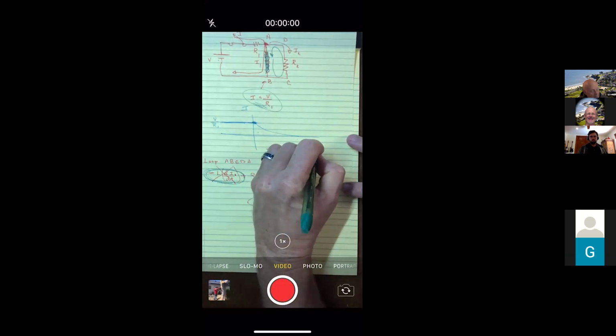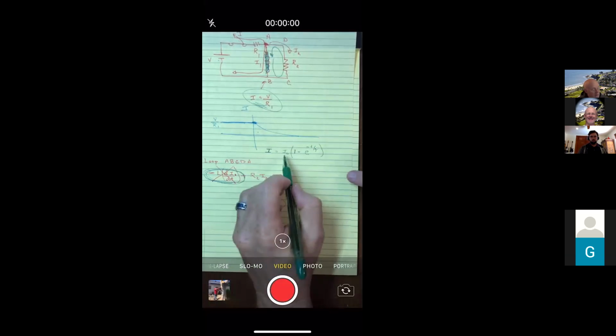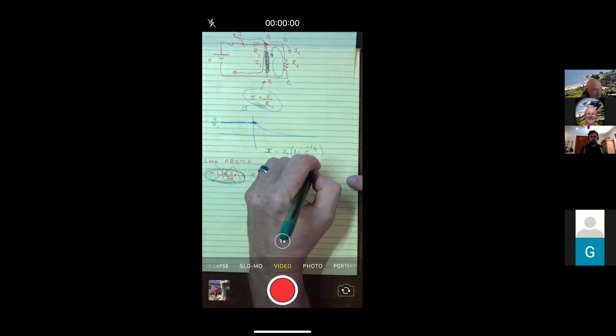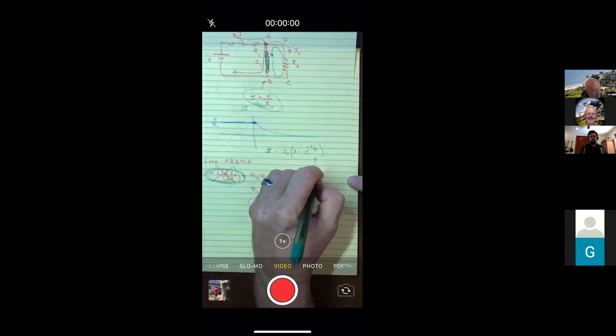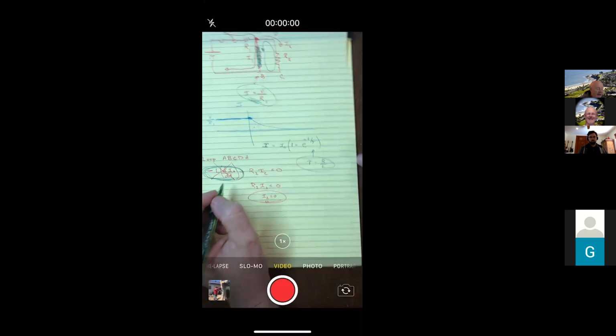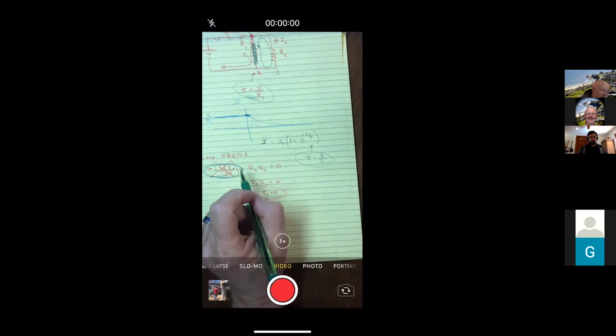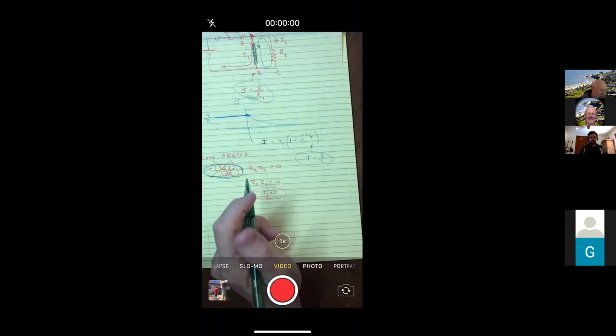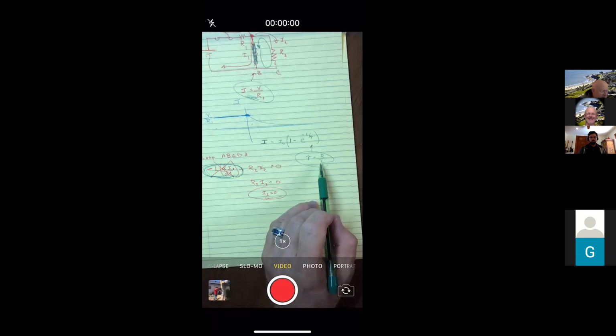But this equation for an increasing current, this time constant, was R over L. And I just want to be a little careful. You said a short period of time, and most of the time it is. But you could have a large resistance here.